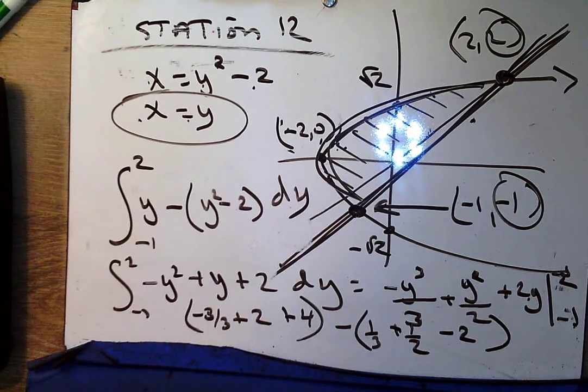Okay. Yeah, 4 divided by 2 is 2. And what's that one? That's supposed to be -8/3. That's an 8. Okay.